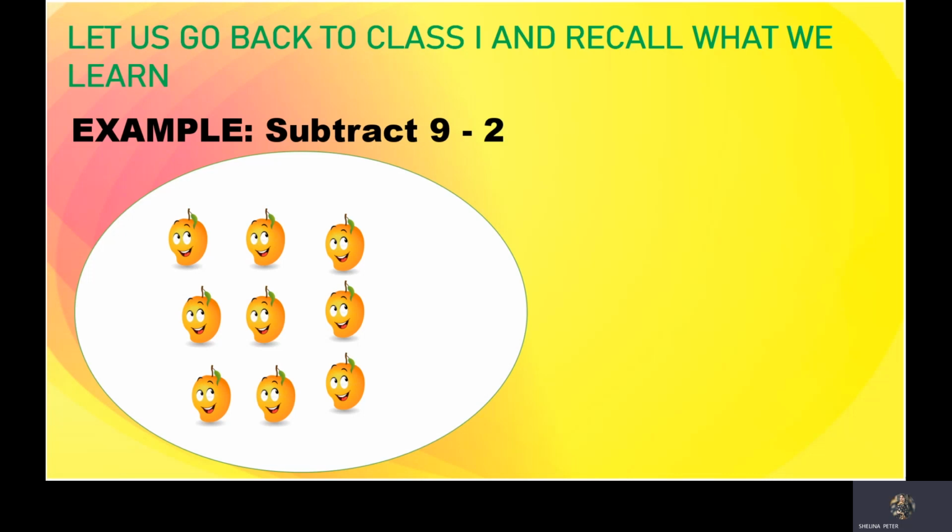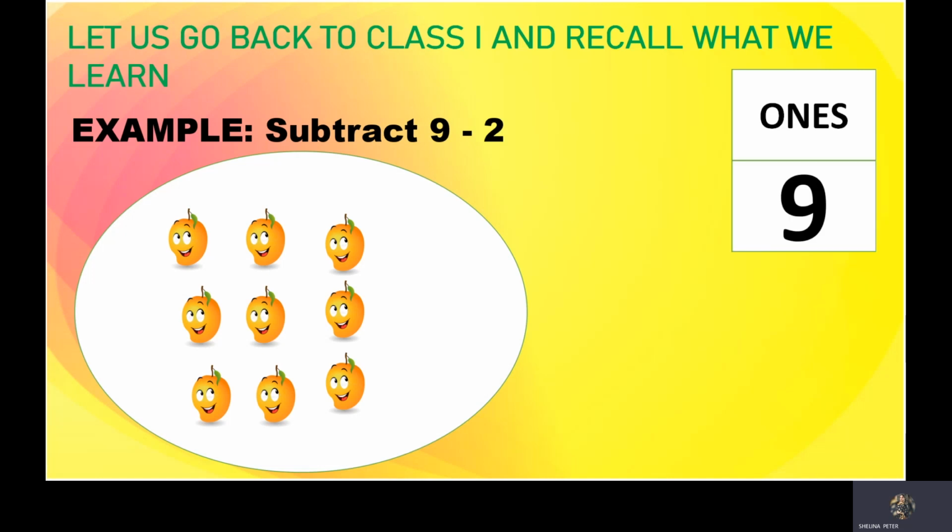So now you have to subtract 2. So first of all, let us write the numbers in the boxes. First you will write the place value, that is only one digit number is there. So ones place. Then you will write 9 and then you will write 2.